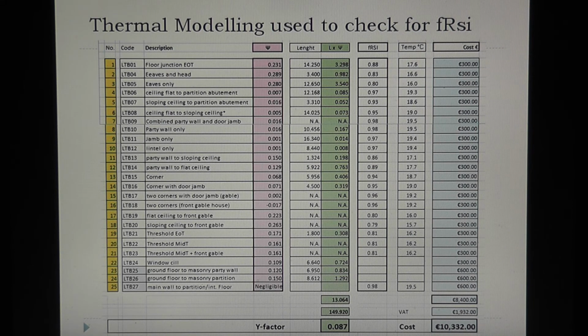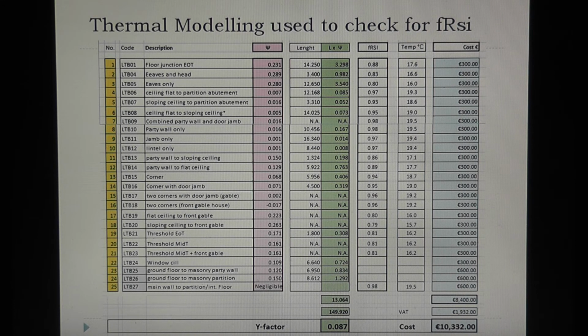So I don't think the cost of 300 per junction is unreasonable. That's probably what the commercial value of the service is, and certainly when it comes to a 3-dimensional junction calculation, there's significant additional work required for that one.